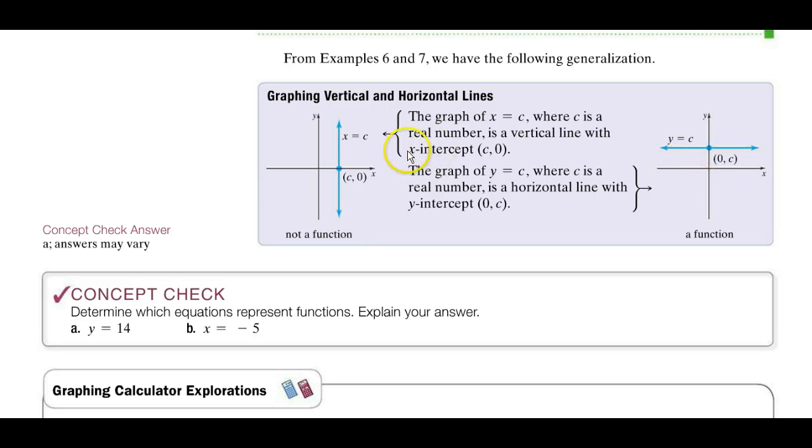They use the idea of x equals c. You see that in some books, but I like the idea of x equals a and y equals b. Remember, this is the form of the y-intercept, and this is the form of the x-intercept, a. So in some books it's a little different here.